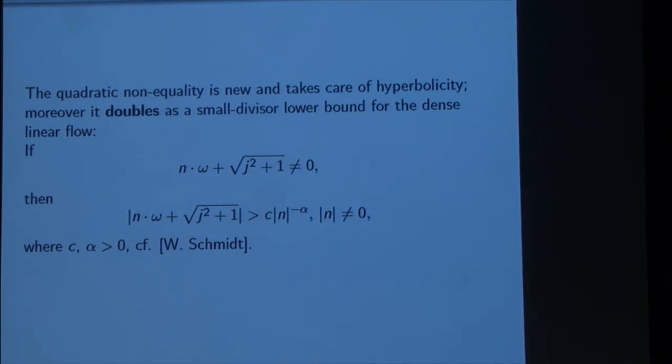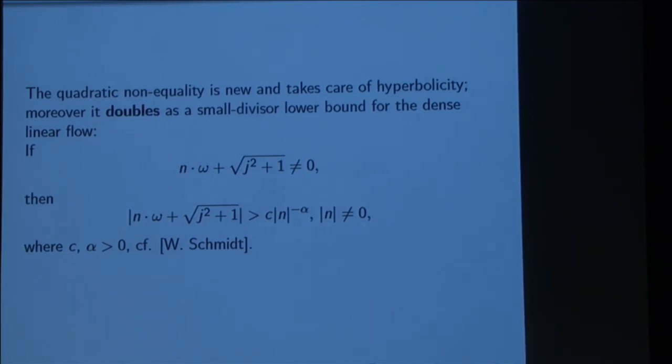So this arithmetic condition is doing two jobs at the same time. Not only did it help my variable reduction, it also helped with the analysis afterwards.